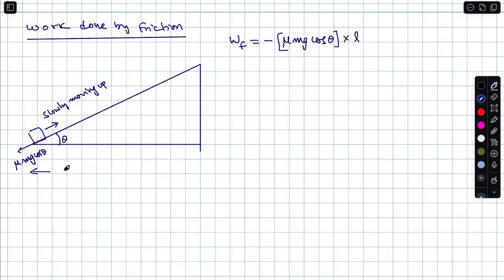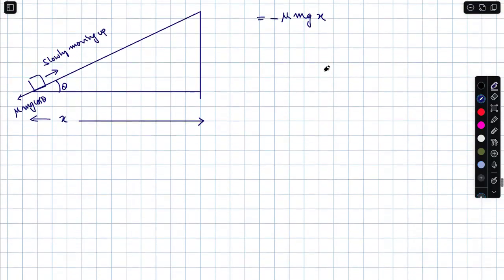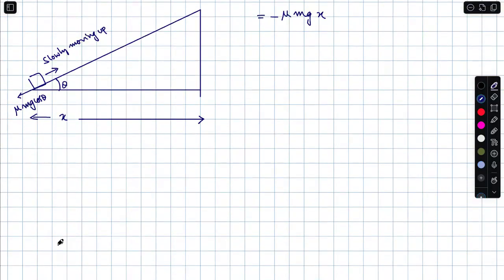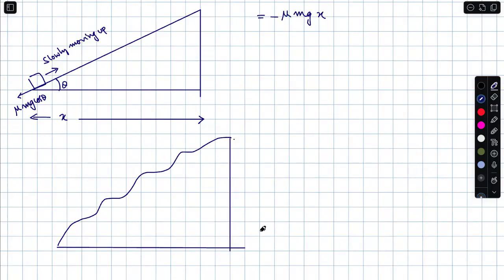L cos theta is nothing but the total length of the base. So simply, minus mu mg x. You can use the same concept even on such rough surfaces also.